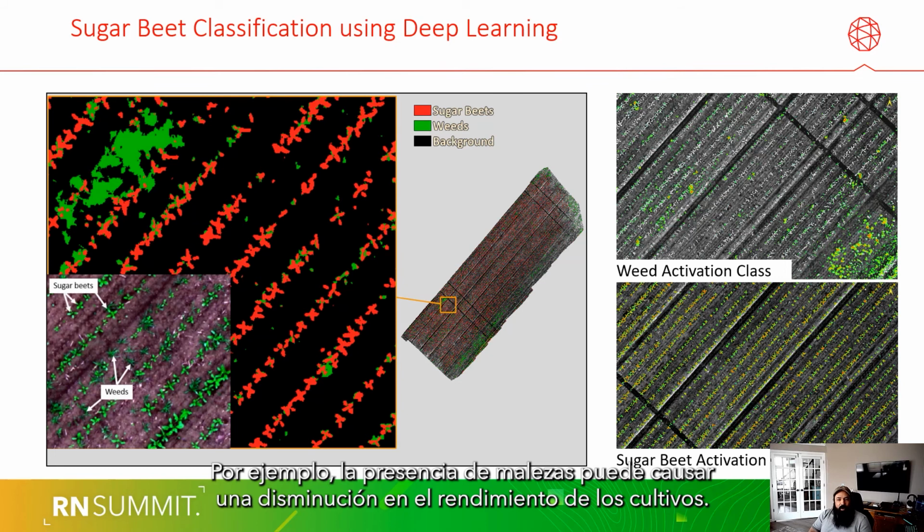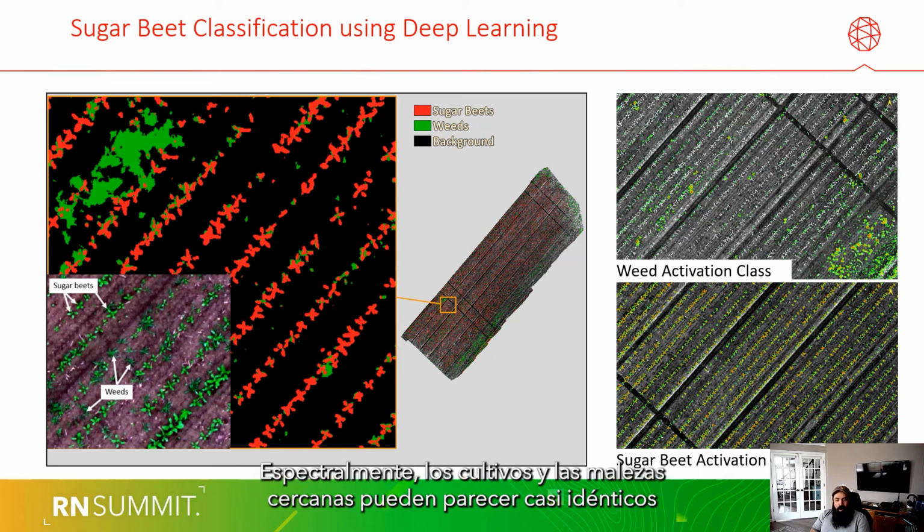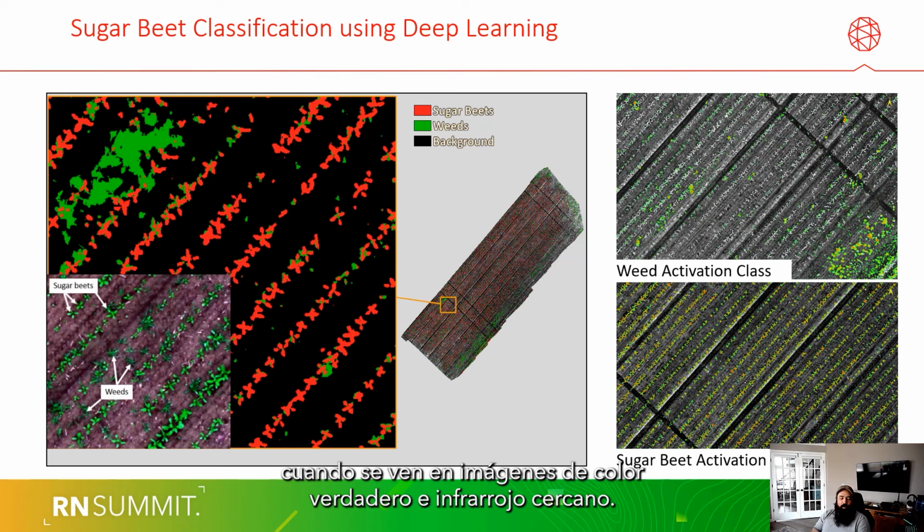For example, the presence of weeds can contribute to a decrease in crop yields. To control the weed growth, it would be important to know where they are in relation to your planted crop. Spectrally, crops and nearby weeds can appear almost identical when viewed in true color or even near infrared imagery. Deep learning was found to be useful in identifying crops and weeds by detecting subtle differences in their shapes and patterns.